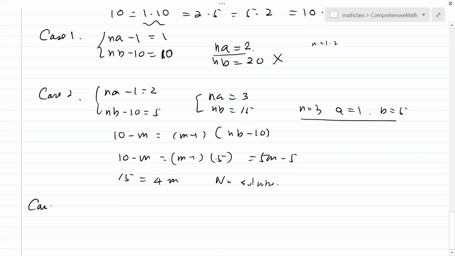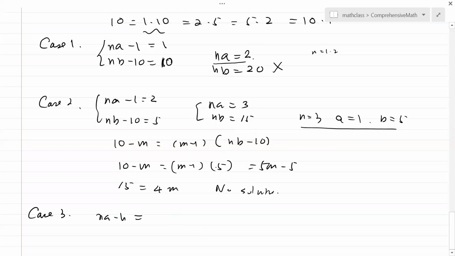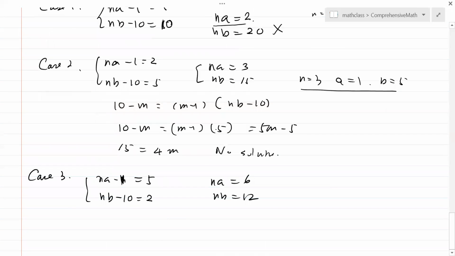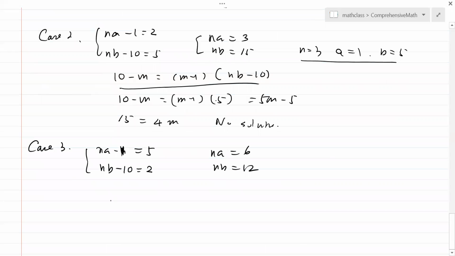Case 3: na minus 1 equals 5, and nb minus 10 equals 2. In this case, you will get 12. Maybe there are possible solutions, but let's go back to this equation and try to determine m. So 10 minus m equals n minus 1.